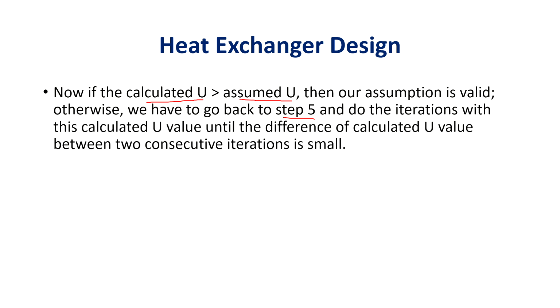We have to calculate the shell side and tube side heat transfer coefficient, and for that we have used the Nusselt number equation. In the Nusselt number equation we have the Reynolds number and Prandtl number, so that's why we have to calculate the Reynolds number and Prandtl number for shell side and tube side.